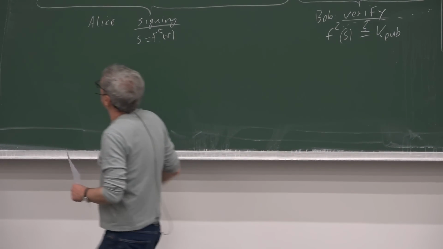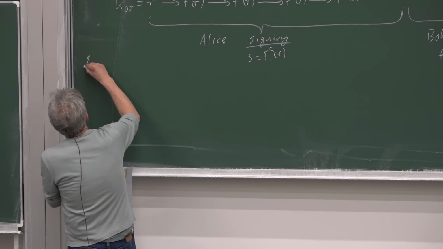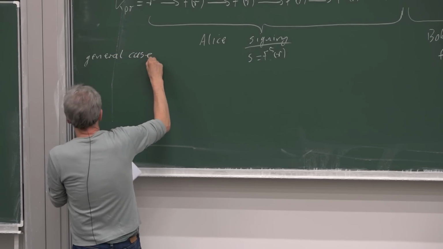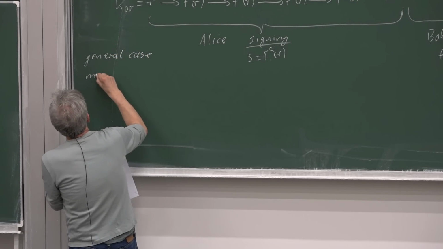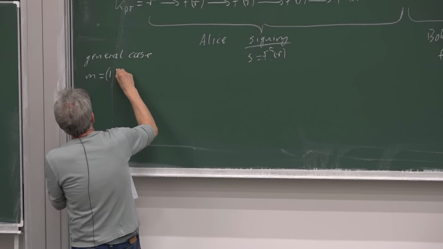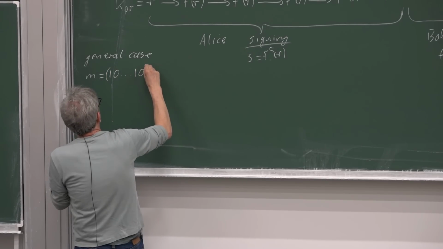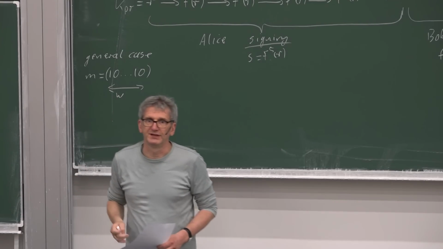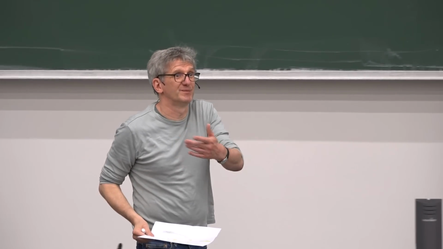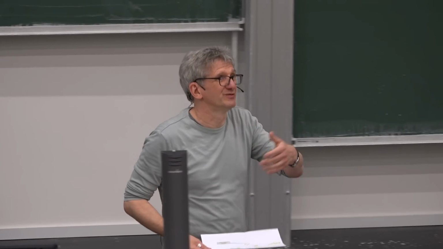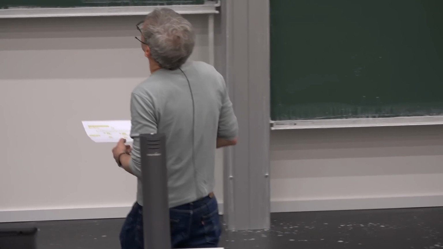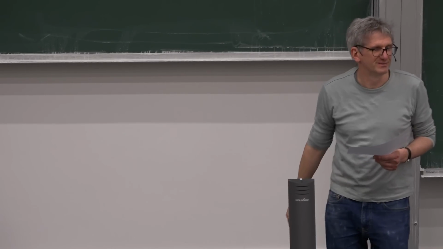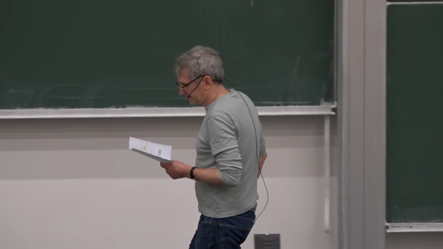In the general case, we have a message with w bits, and you can say W can be W for window, but it can also be W for Winternitz, whatever you prefer. You can make up your own meaning of this.